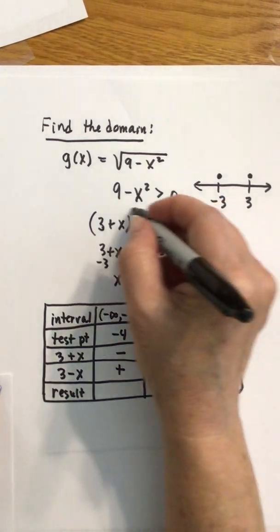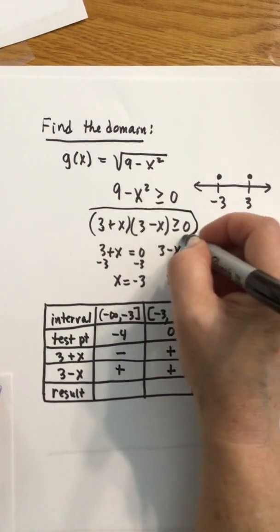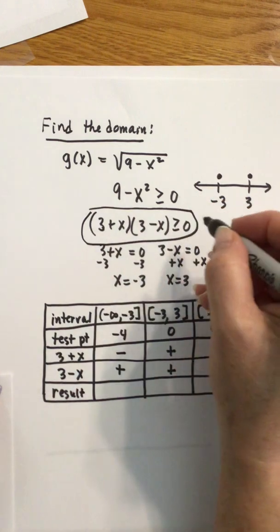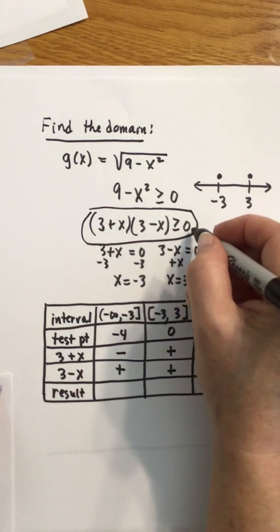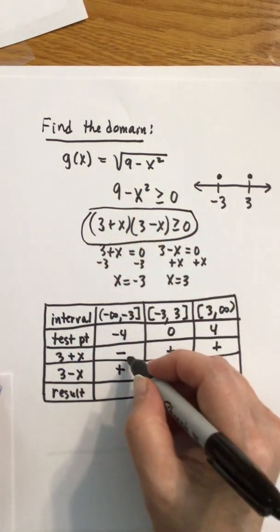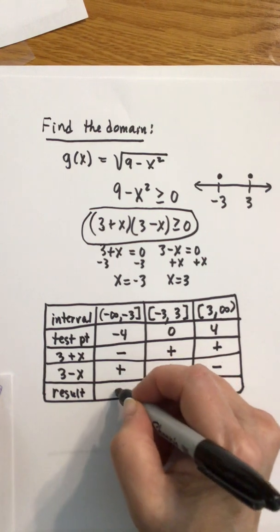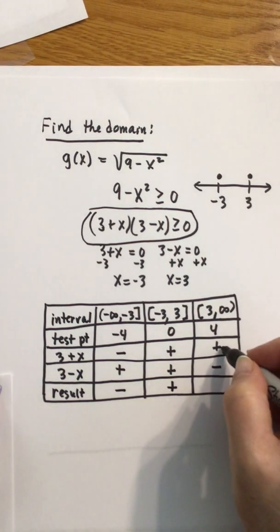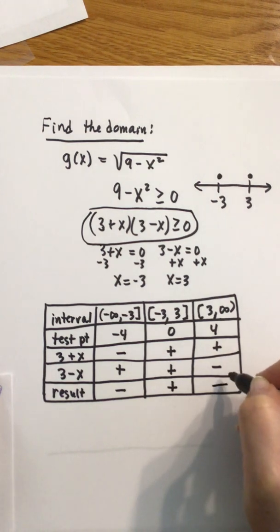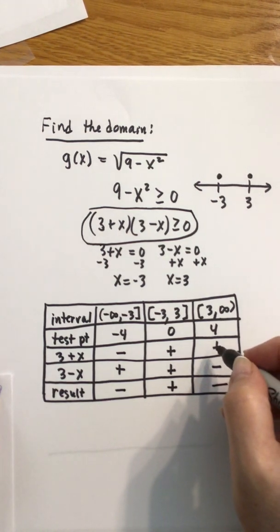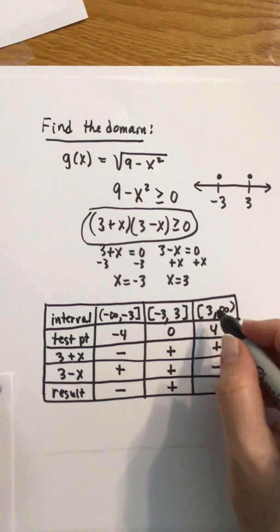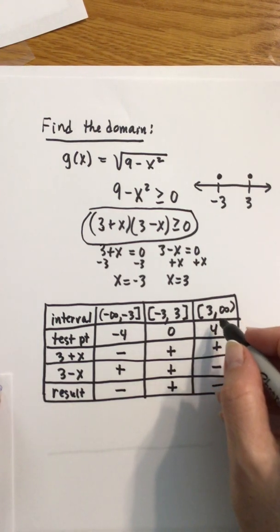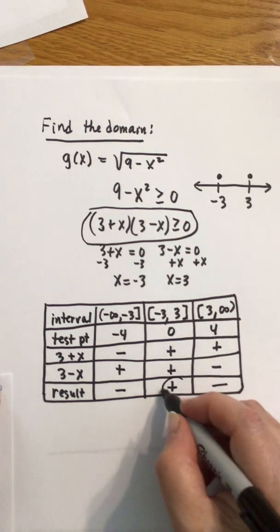So our result says we're looking for where the product is greater than or equal to 0. So product means we multiply. Negative times positive is negative. Positive times positive is positive. Positive times negative is negative. So we're looking for where the product is greater than or equal to 0. So greater than or equal to 0 means positive.